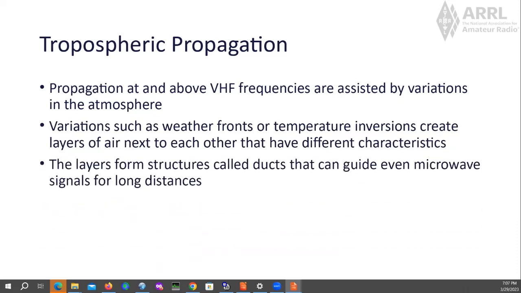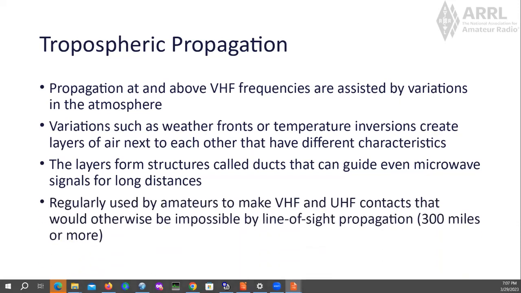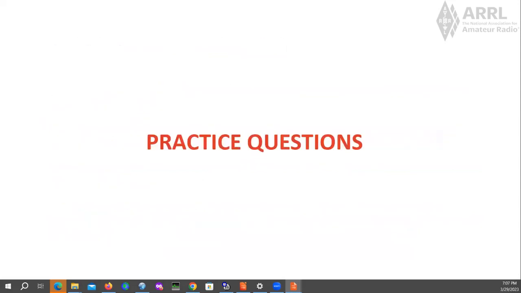The layers form structures called ducts that can guide even microwave signals for long distances. Regularly used by amateurs to make VHF and UHF contacts that would otherwise be impossible by line of sight, 300 miles or more when using ducted propagation.